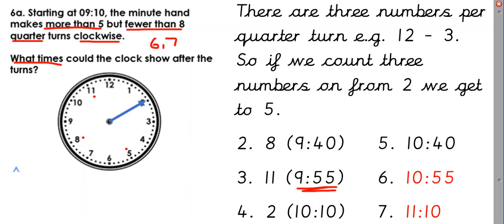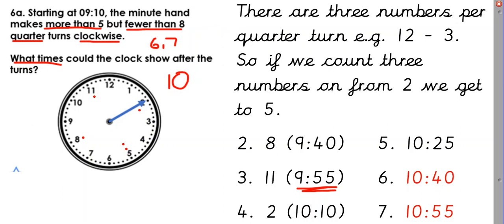So then after that we've got to be careful because we're going to pass through the next hour. So we've got 1, 2, 3, so we're at 2, but now we are on 10, aren't we? So we've passed through 10 o'clock. So now we're on 10 past 10, okay, for our fourth time. So then we've got 1, 2, 3. So our fifth time, we are at 25 past 10.